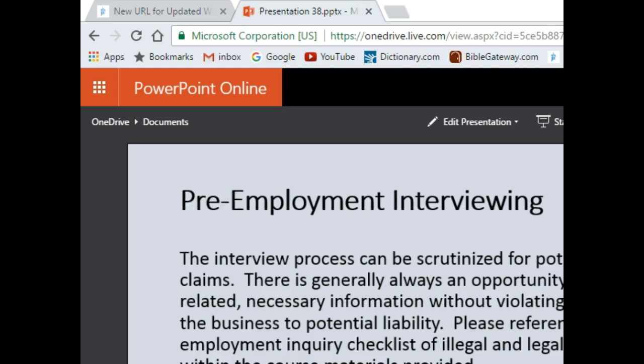Now, please note that this checklist is not exhaustive and does not relate to every situation. And by the way, I did not make up these different questions and categories here. These questions and categories and examples are from EEOC and court cases that have been compiled for this application.